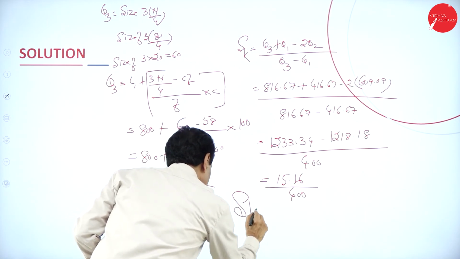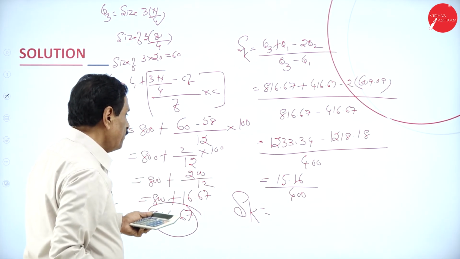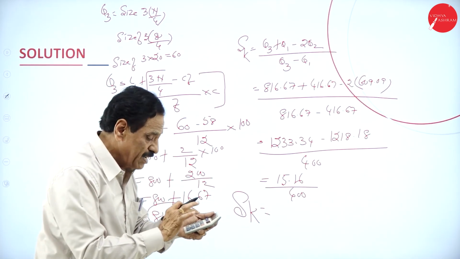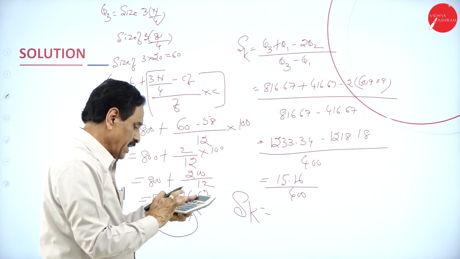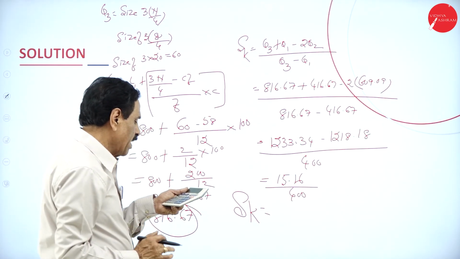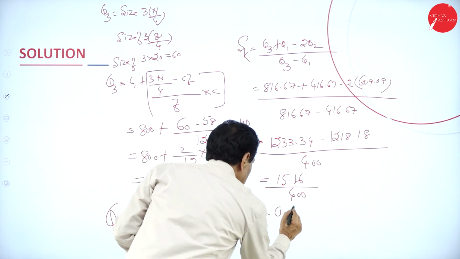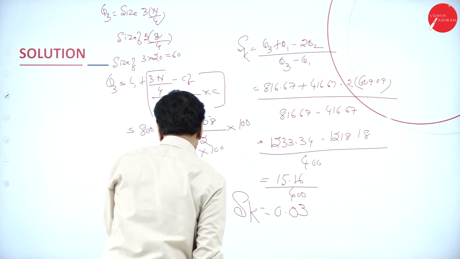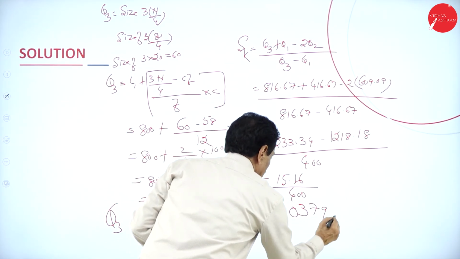Therefore, your Qness is 15.16 divided by 400, which is 0.0379, less than 1.